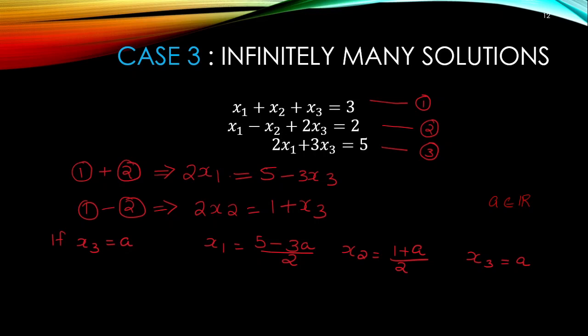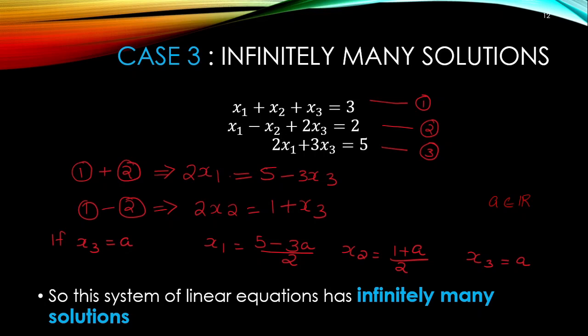Then if we choose another real number as a, we will get another solution for these equations. So we can take infinitely many values for a, so this set of equations will have infinitely many solutions. Okay, so that is the third case.